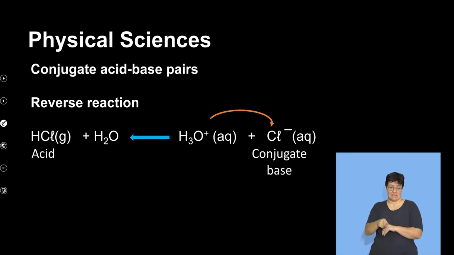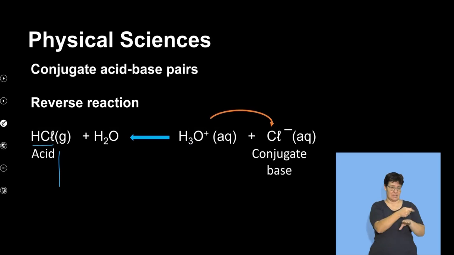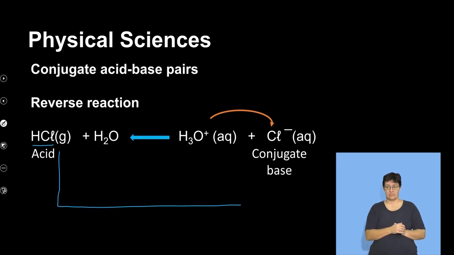Furthermore, if we consider the very same reverse reaction, now, if HCl is an acid because it is a proton donor, when it loses that proton, it forms what is called a conjugate base, right? So this acid, when it loses a proton, forms a conjugate base.